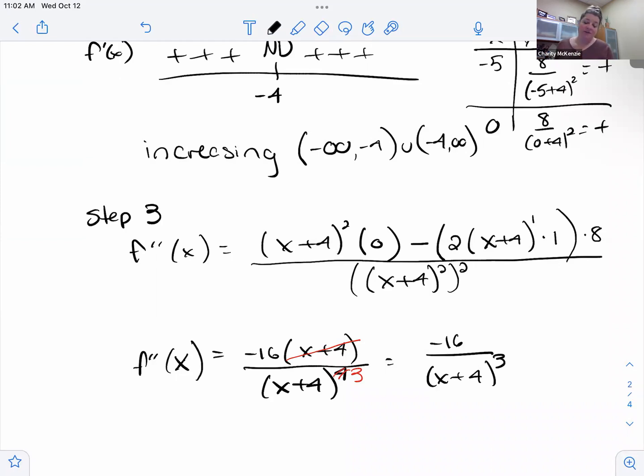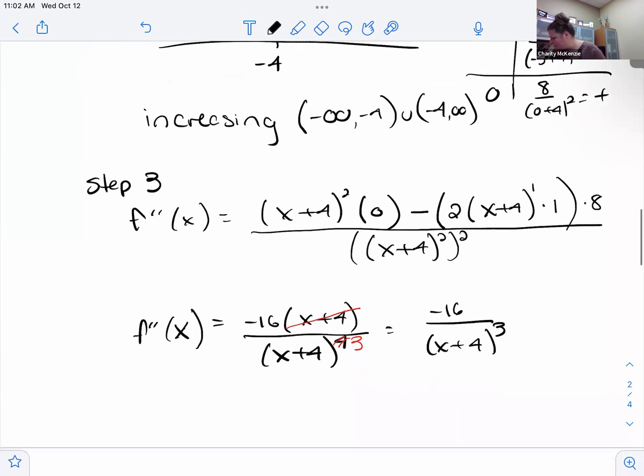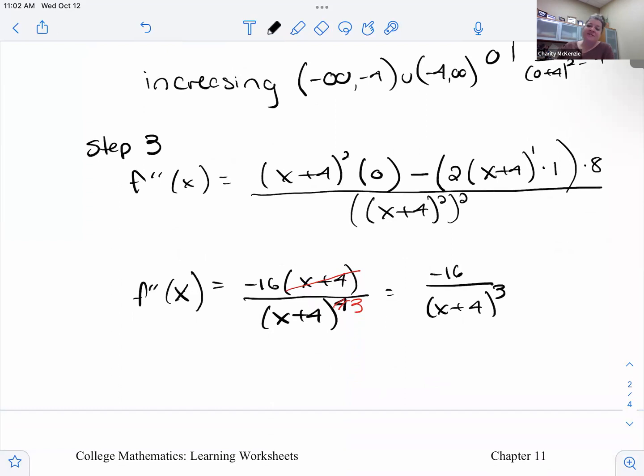I left it in factored form to see if I could cancel a common factor. Okay, so then where are our partition numbers? We have the same partition number, and we have to look for an inflection point.